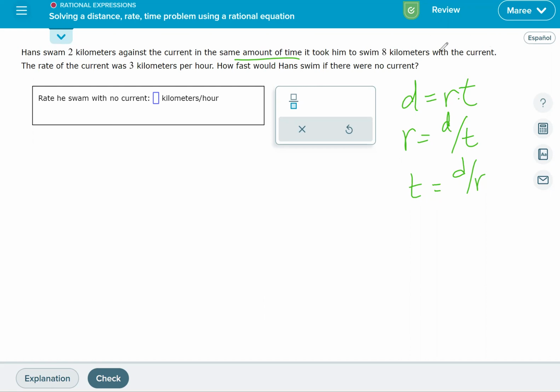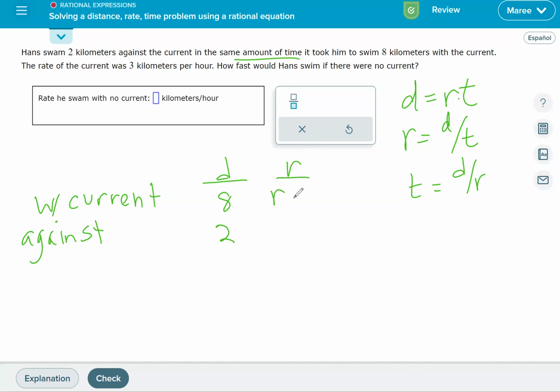So we have with the current and against it. It says 2 kilometers, that's our distance, he went against, and 8 kilometers with the current. The rate that Hans is swimming is the rate that he's swimming with no current.